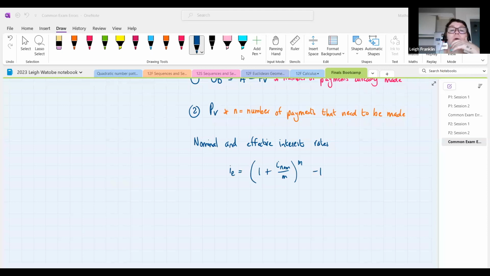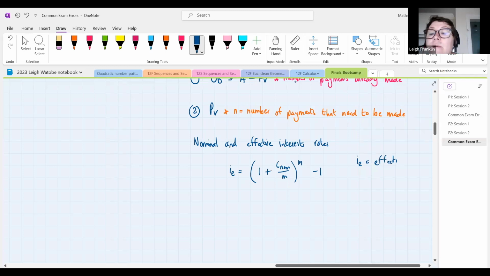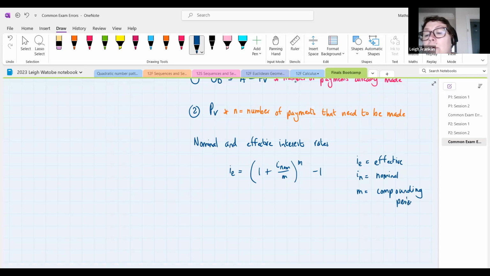Yes. Okay. So IE is your effective rate, IN is your nominal rate, and M is your compounding period. Make sure that you've learned this formula too, not on your formula sheet.